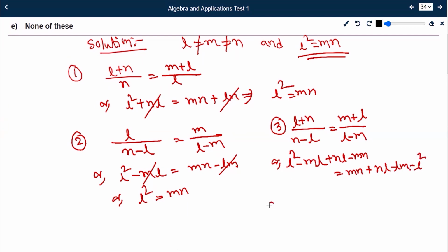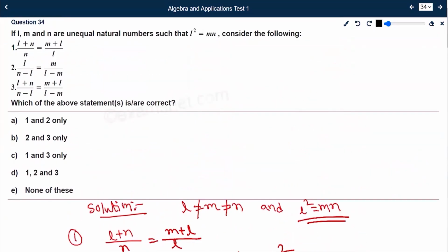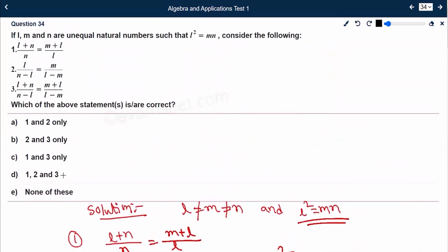So here we are getting l square equals 2mn. That means again l square equals mn. So every time we are getting the given information, that means all these three statements are correct. So here option D is the correct one. Okay.